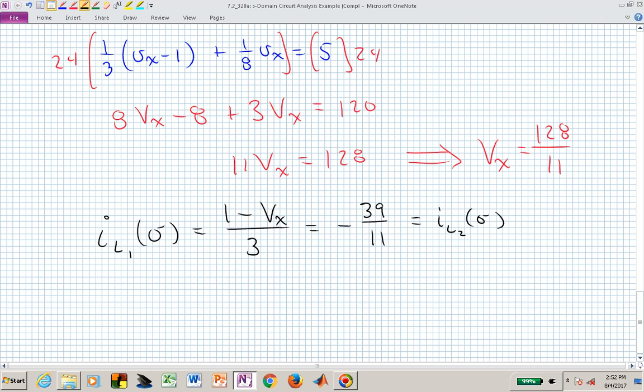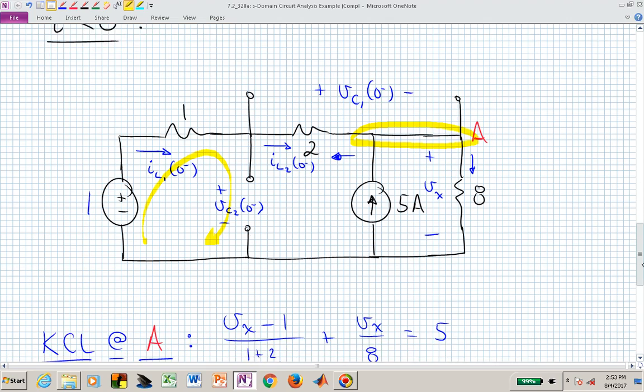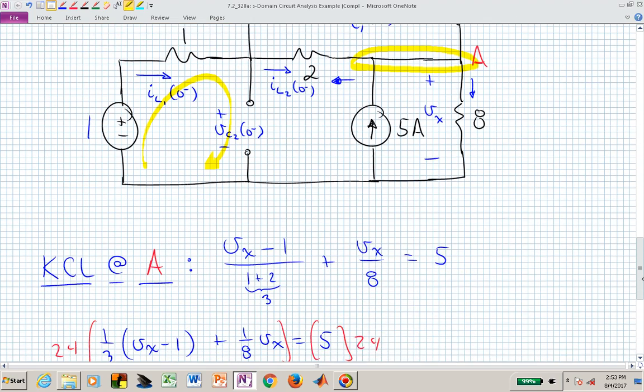Let's now try to find V sub C sub 2 of 0 minus, and we can do that by writing a KVL equation around this particular mesh. So now we have this voltage drop, V sub C sub 2 of 0 minus, that we will be solving for.